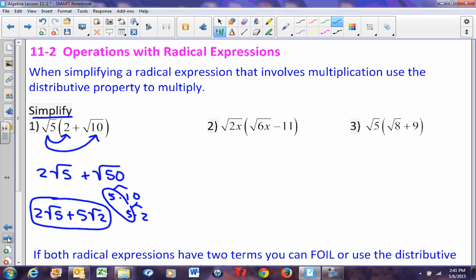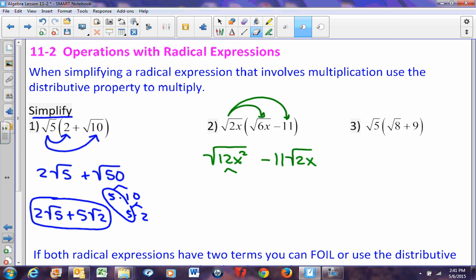Let's look at number 2. Square root of 2x times the square root of 6x is going to become the square root of 12x squared minus square root of 2x times 11 is 11 square roots of 2x. And let's see about simplifying 12x squared. 12 is 4 times 3, and 4 is 2 times 2.